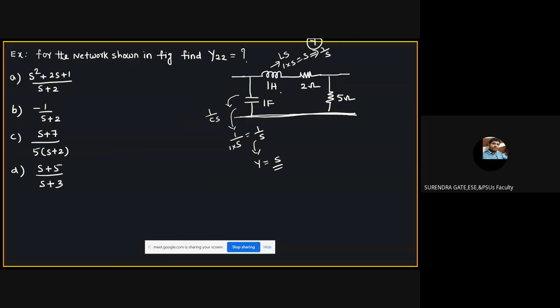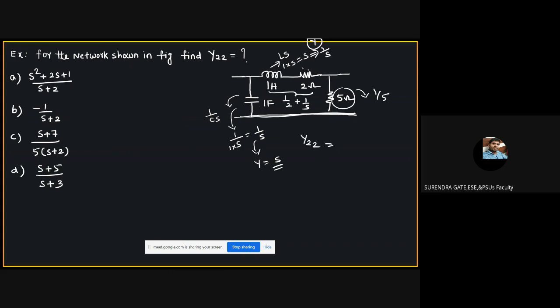Now see, students, what is the resultant admittance here? The resultant admittance is 1 by 2 plus 1 by s. What is the resultant admittance or conductance here? That is equal to 1 by 5. But you want y22.